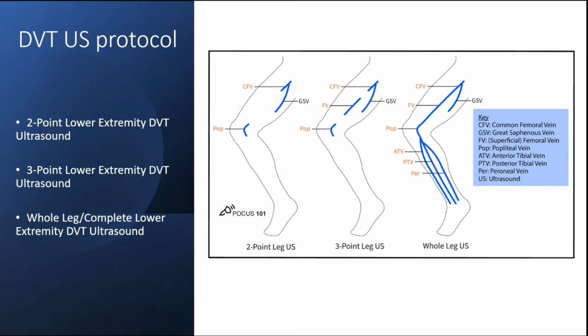For the 3-point, we do compression ultrasound at the common femoral vein, the femoral vein, and the popliteal vein. And the whole leg complete lower extremity DVT ultrasound involves scanning the leg using compression, color Doppler, and pulse wave Doppler from the common femoral vein all the way to the ankle while evaluating the calf veins.